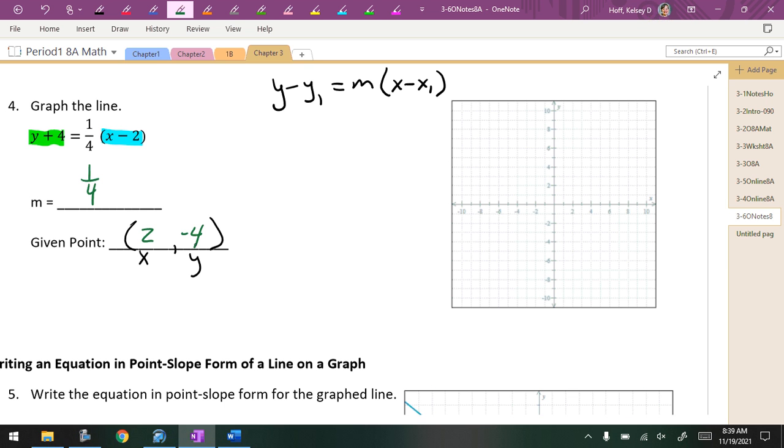Okay, now I want you to graph this. You know the point to start with. Start at this point. Plot that point, 2 on your X, -4 on your Y. Put that point on your graph first.